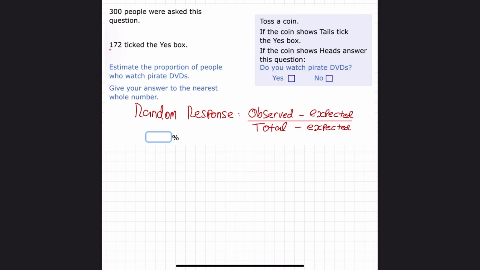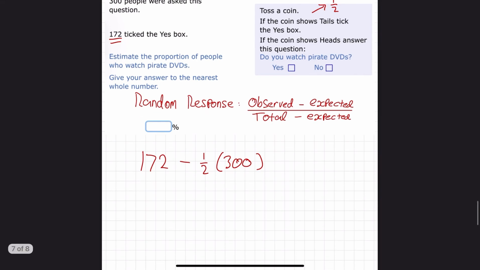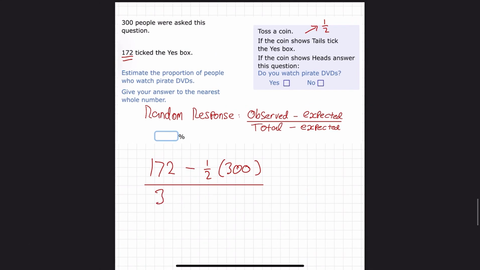Well, we've observed 172 people have ticked the yes box. And they're tossing the coin, and if it lands on a tail, then they've just ticked yes. So we're expecting half of the 300 people they've asked to just tick yes. So we're going to get rid of it. And then we have our total, which is 300.